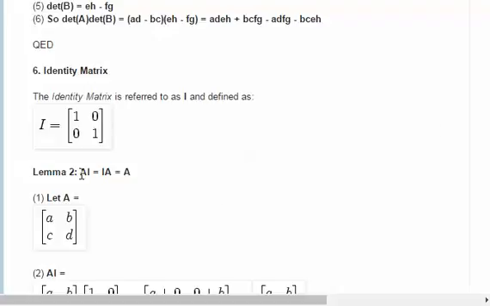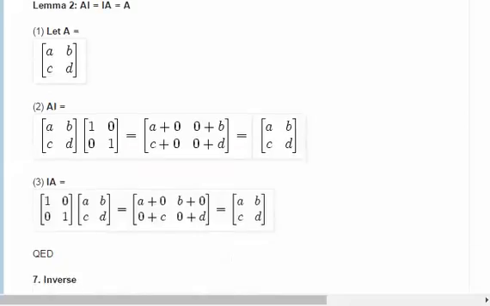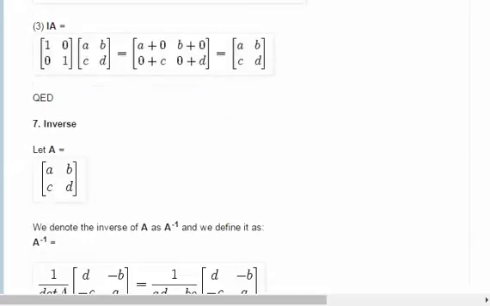For example, here you multiply matrix A by I, which is the identity, or I by A, then you get A. So that's what we call identity. It's not doing anything in that case. And this is illustrating the example.